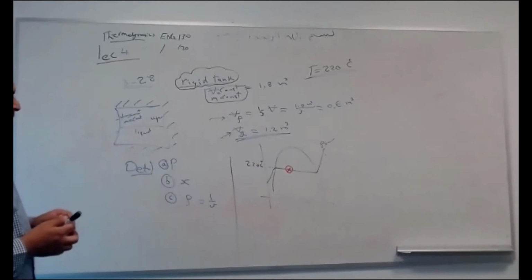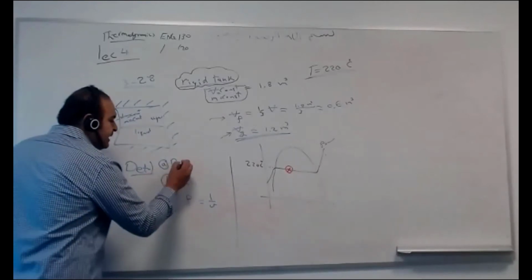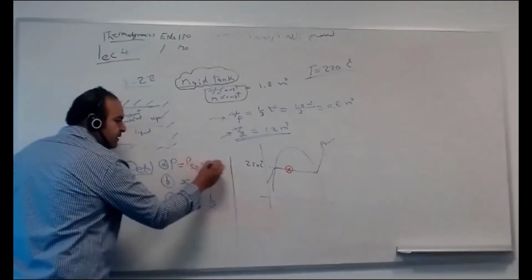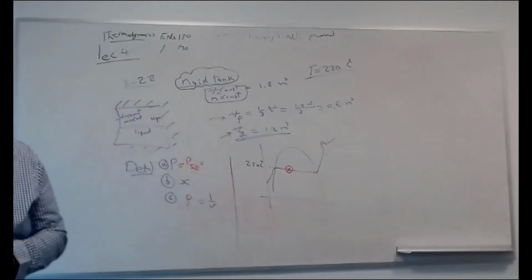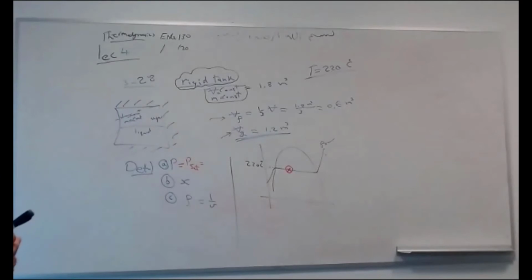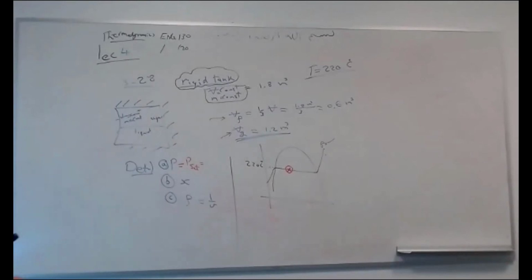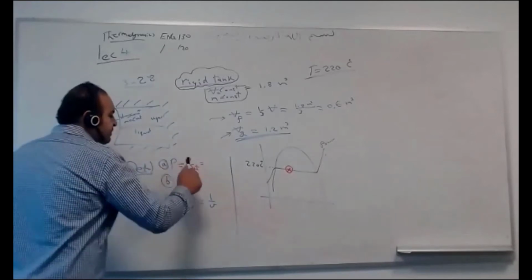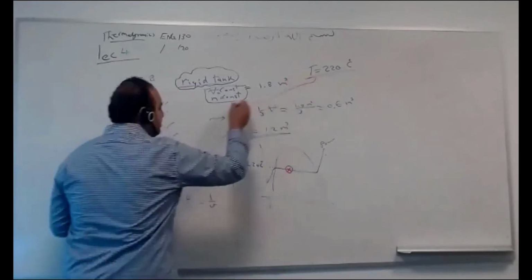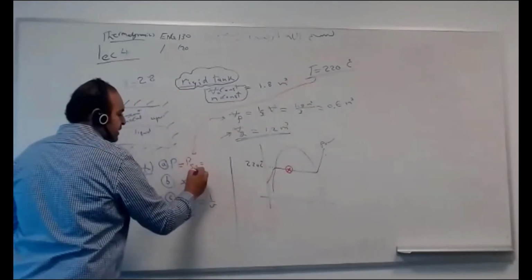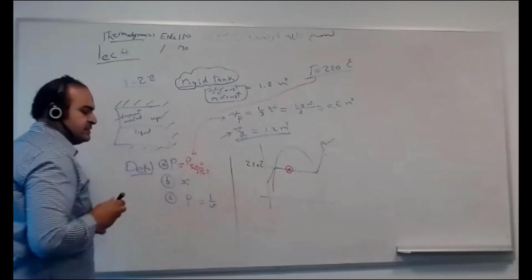So at this temperature, I can easily get the P saturation. Go to table A4, please. For water, if it's some other fluid, go to the corresponding table and find the saturation pressure at 220 Celsius. What is this, guys?